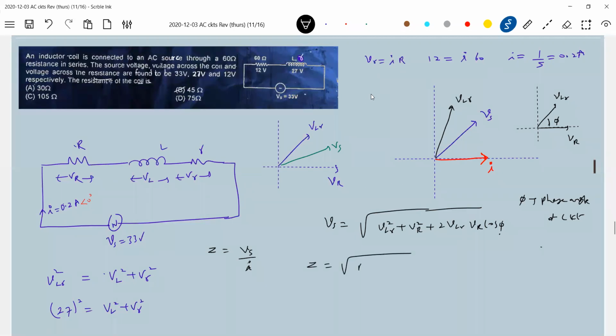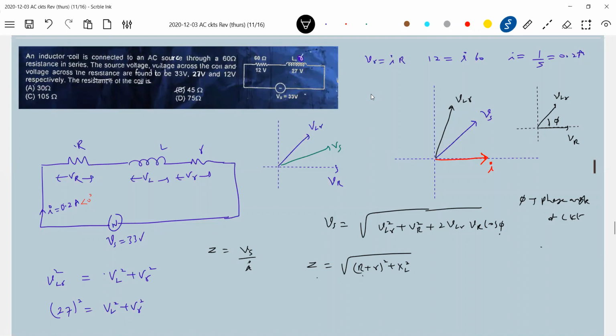So Z, can I also write like this? Capital R we know, Z we know, XL and small r are unknown.